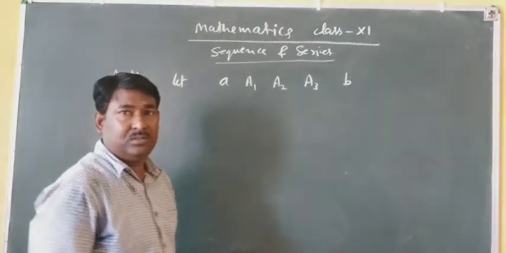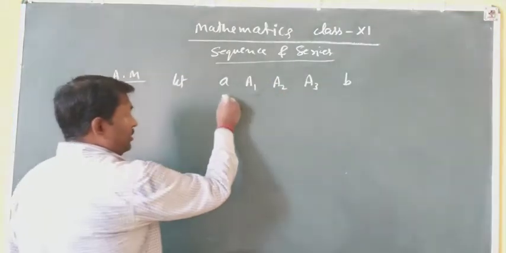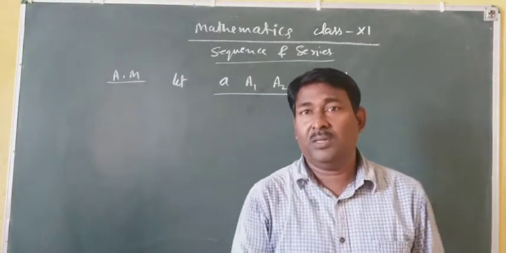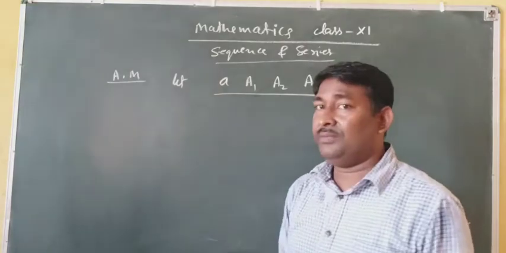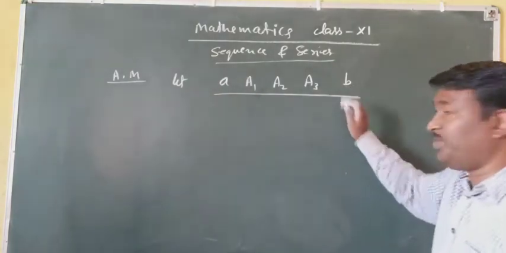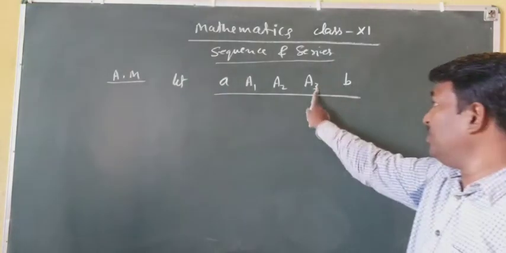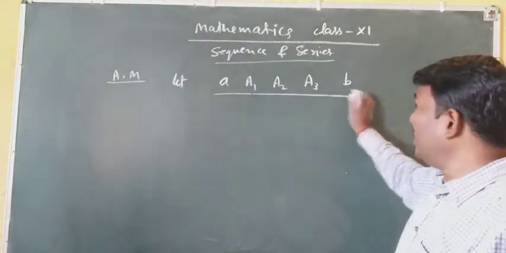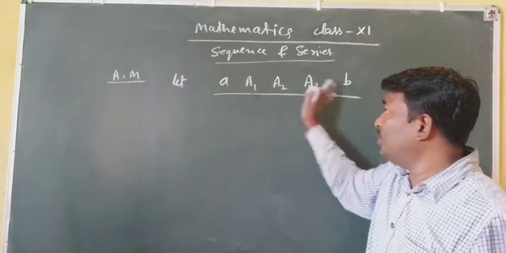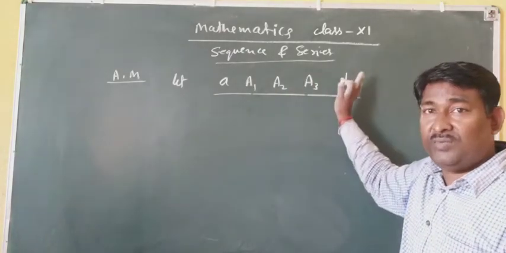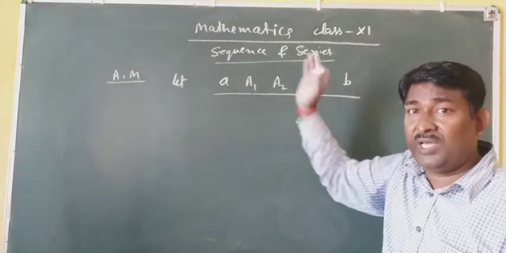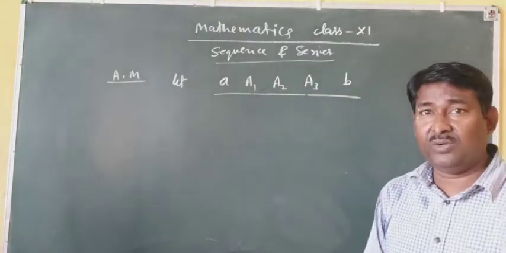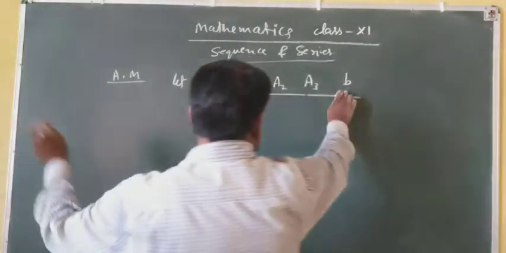Now this sequence will become an AP whose first term is A and last term is B. Since three terms we have introduced between A and B, the total number of terms is 3 plus 2, that is 5. And the fifth term is B.